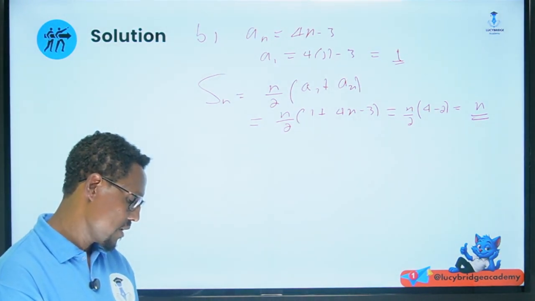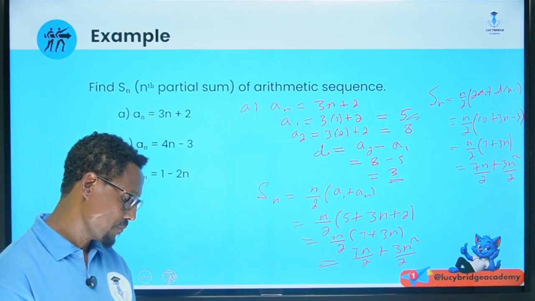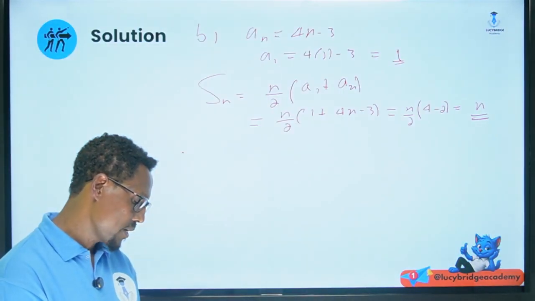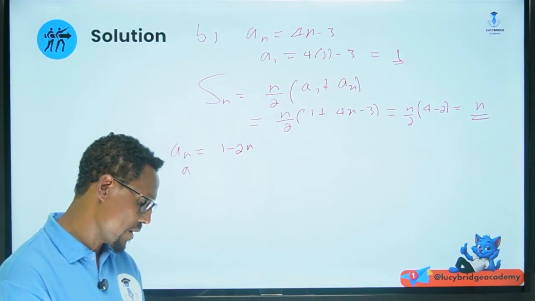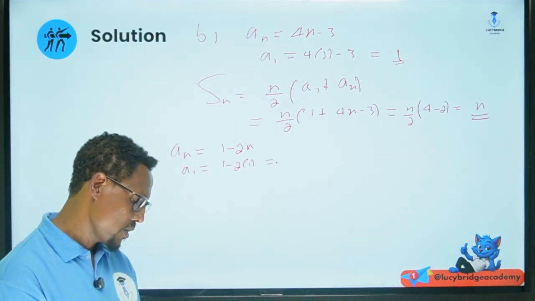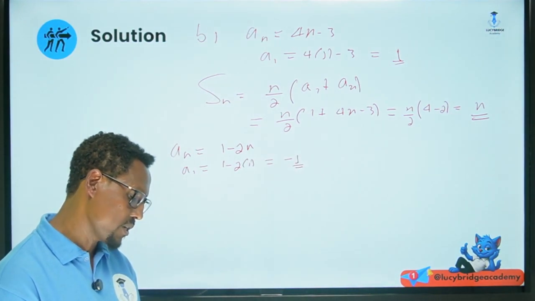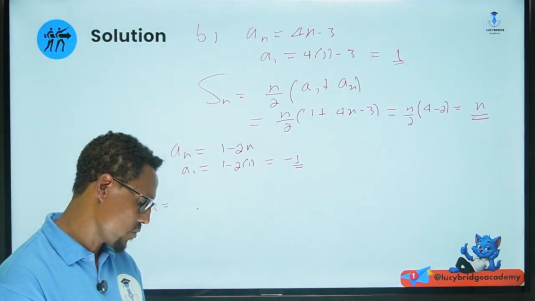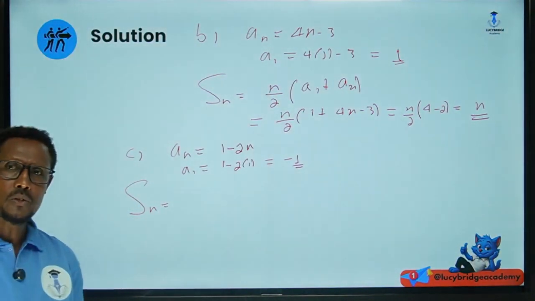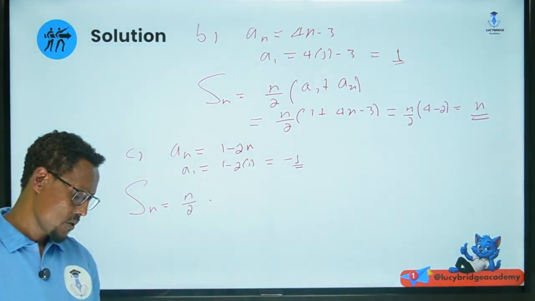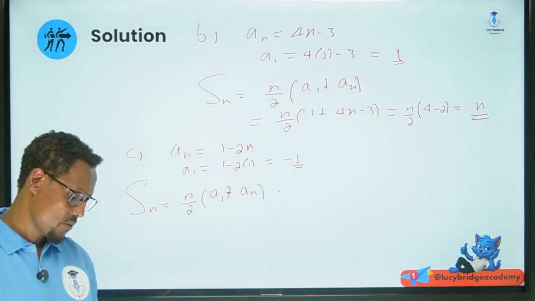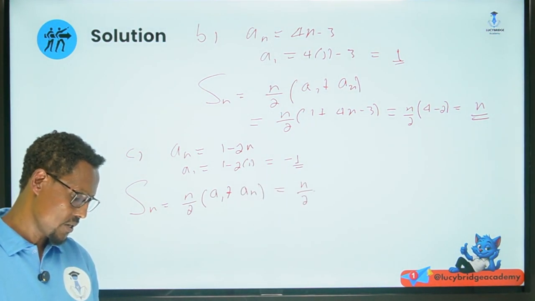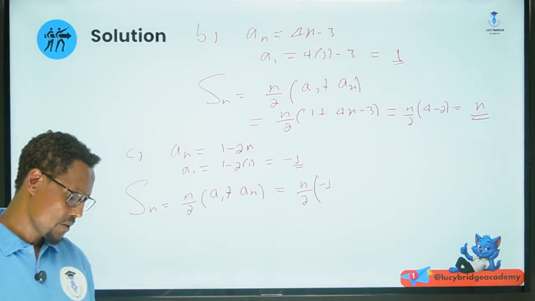See? An is equal to 1 minus 2n. From here we have A1, 1 minus 2 times 1, which is equal to how much? Minus 1. A1 is minus 1. What about Sn? Sn is equal to n over 2 times A1 plus An, which is equal to n over 2 times A1 minus 1 plus An.